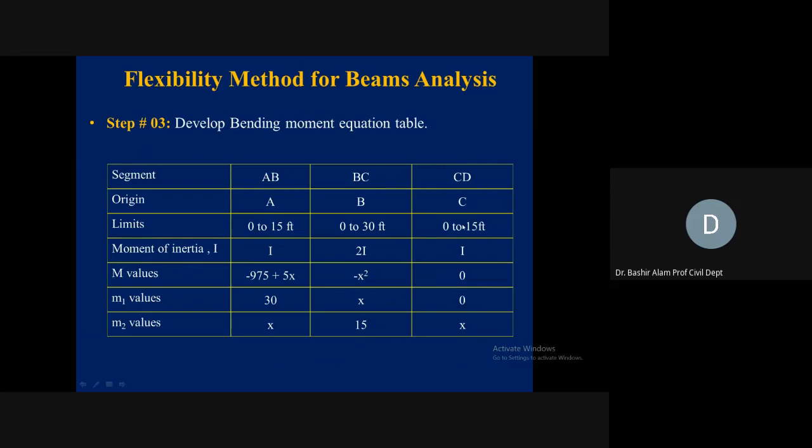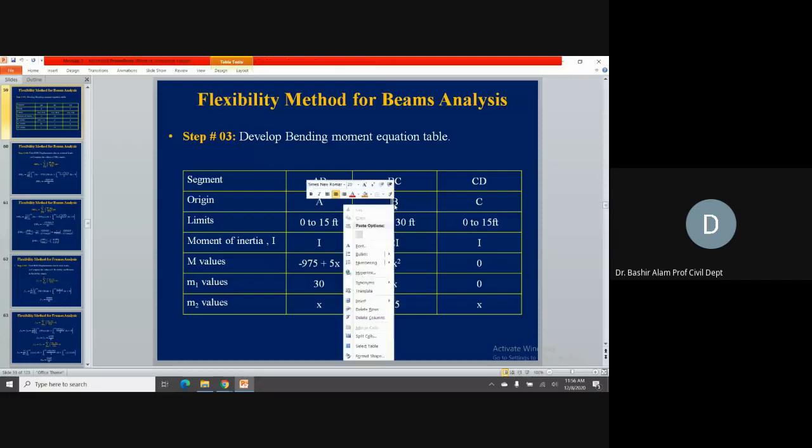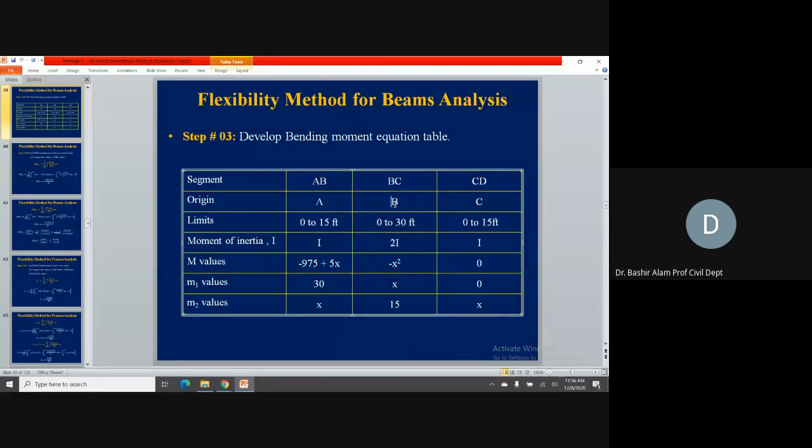For CD, which was the right side column, C was the origin 0 to 15. Not here, this is a mistake actually. Yesterday I pointed out here for BC the origin is C now. Somebody should be pointing these things out again and again. For here the origin was C. Let me see if I can correct this.